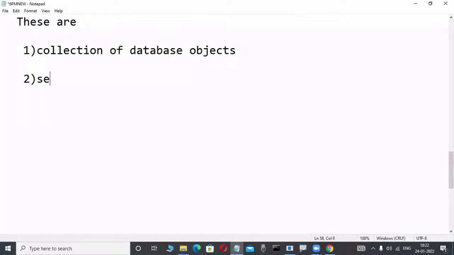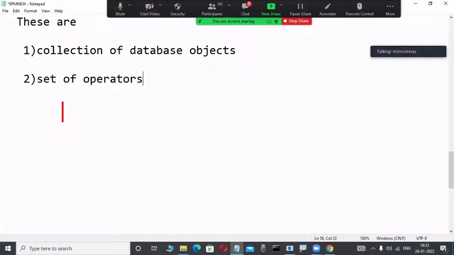What is that? A set of operators is available. Operator means, as in C language or Java, equal to, less than or equal to, greater than or equal to, not equal to. These types of operators are there. But here the set of operators means different operators in every relational data model.